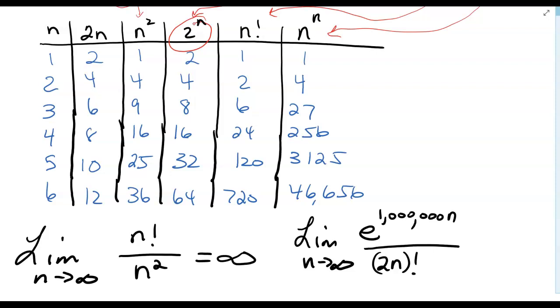Because you're right. In the beginning, yeah, you're going to be much faster in the numerator than in the denominator because you're starting at this huge value of 1 million n. But what happens as n goes off to infinity? Because the denominator is a factorial, you are still going to grow at a faster rate.